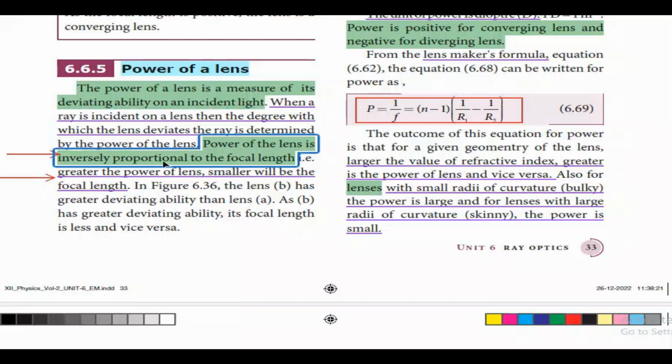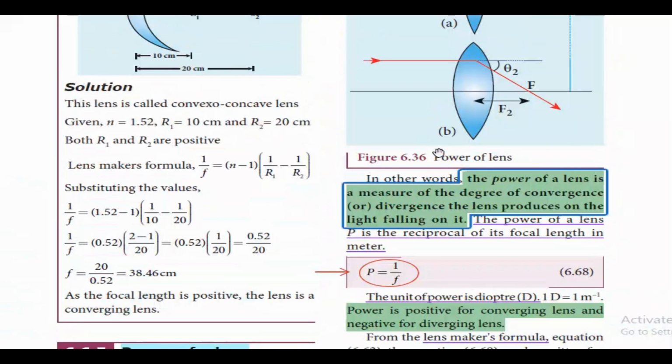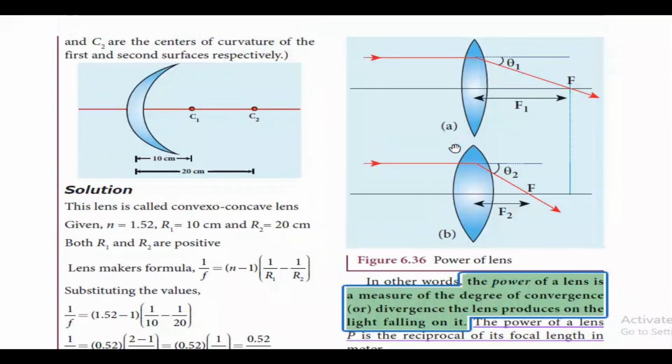The power of a lens is inversely proportional to the focal length. That means the greater the power of a lens, the smaller the focal length. So for lenses having a small focal length, the power will be much greater. That is what is given in this diagram 6.36, which explains the power of the lens.